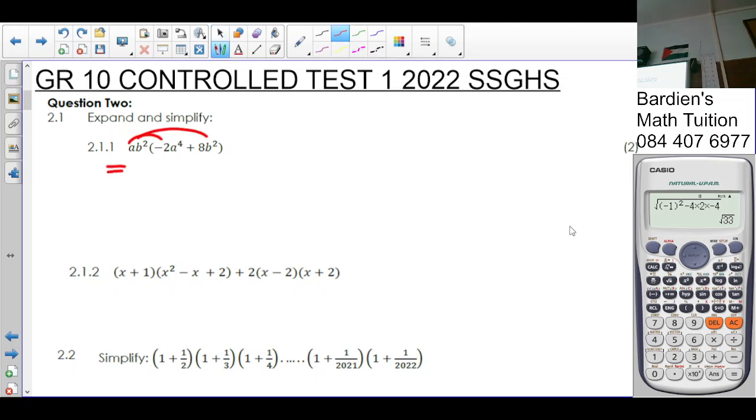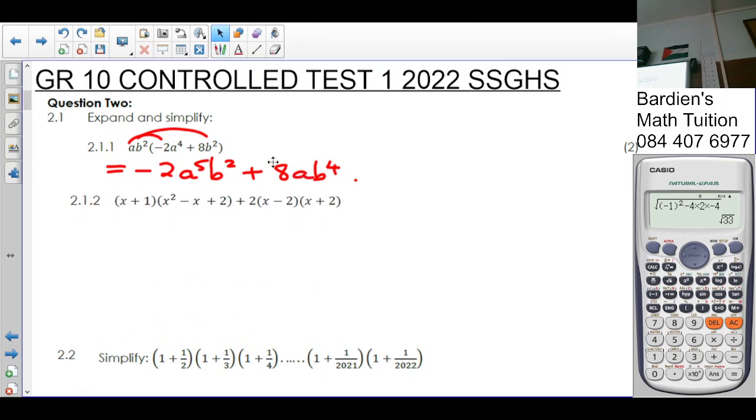So ab squared times negative 2a to the 4 is negative 2a to the 5 b squared, plus ab squared times 8b squared is 8ab to the 4. Can I add that? No, it's unlike terms. Just look at the next one.